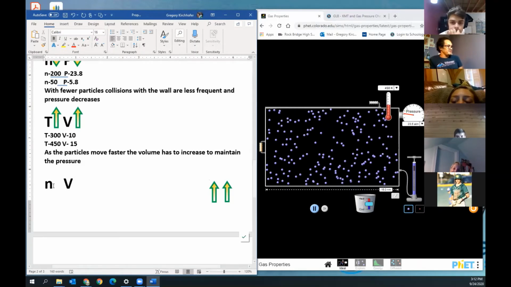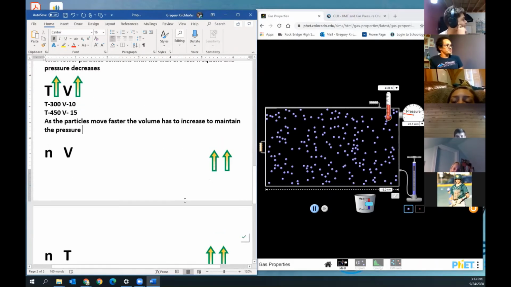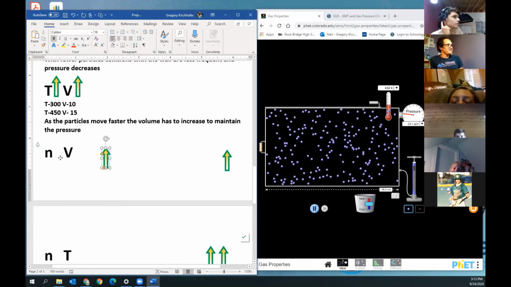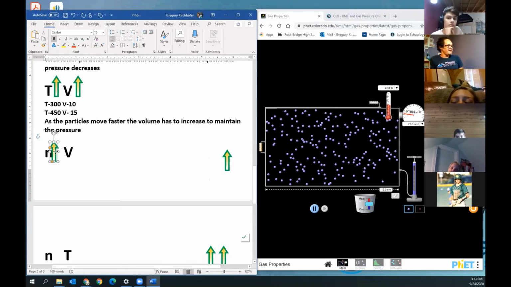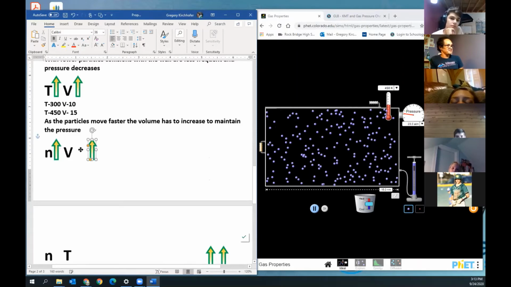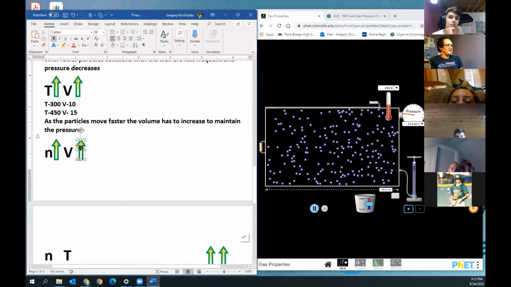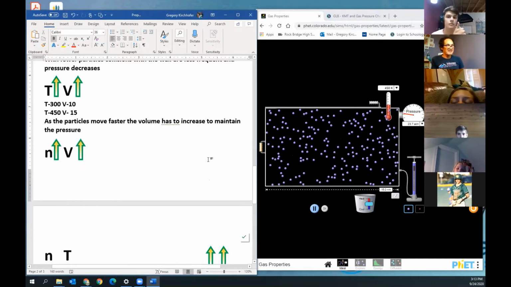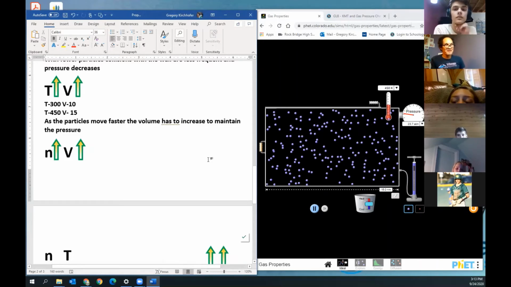And two more. Let's do these two, and we'll think of some examples here in just a second. So number and volume, this one, I'm not even going to ask you guys to guess. This is like blowing up a balloon, right? If you put more air in it, it's going to get bigger. That's really all that's going on there, right?